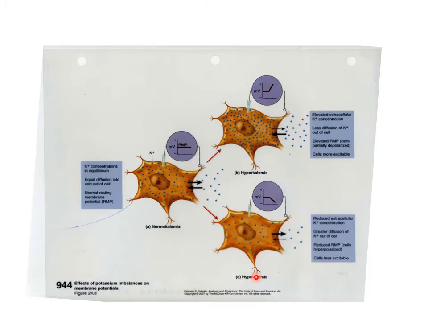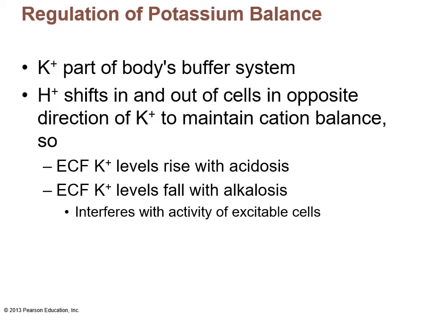Now, hypokalemia: you have reduced extracellular potassium concentration, so more is going out now, and that's going to result in hyperpolarization. It drops that resting membrane potential, and the cells are less excitable. So either way is going to cause you a problem.